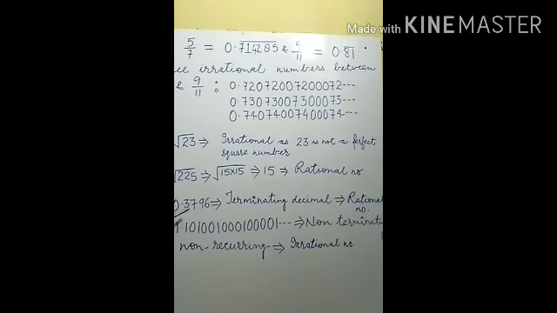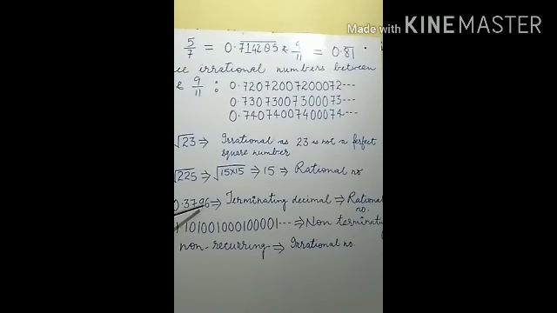Now consider the third part of this one. The decimal representation is 0.3796. So which type of decimal is it? You can identify this without any hesitation. This is a terminating decimal, and every terminating decimal is a rational number.